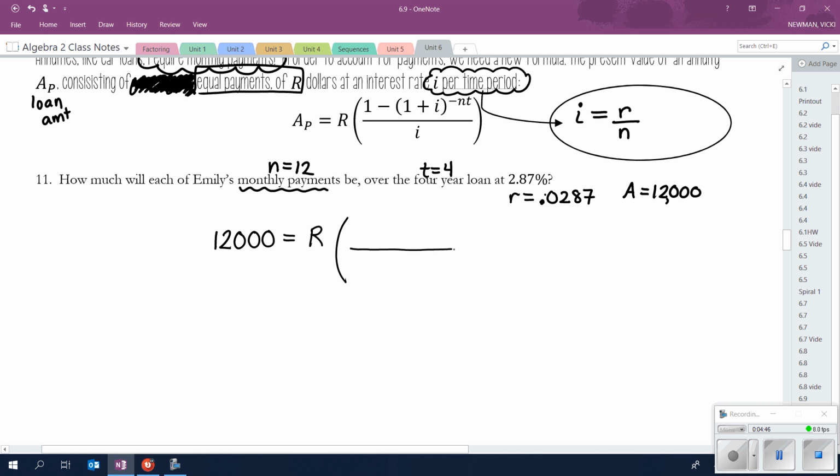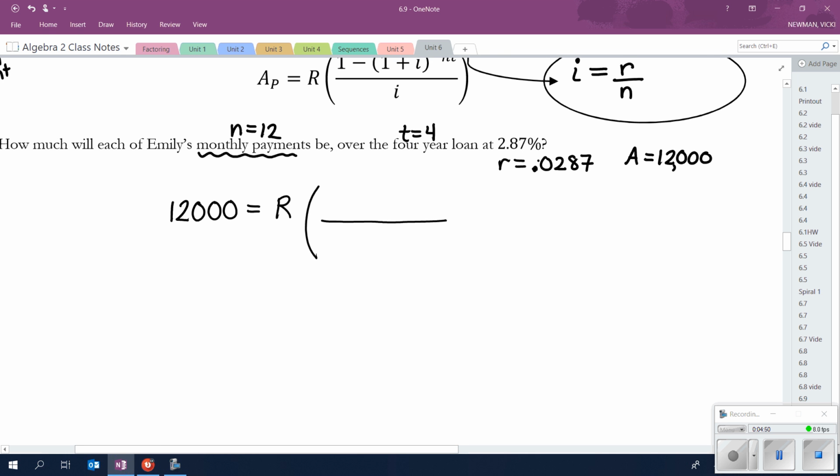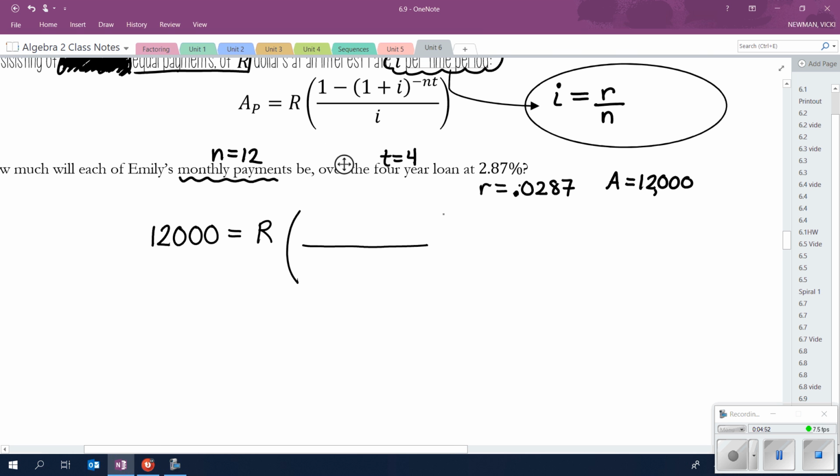Now, I want to be careful because I was watching some people do some things that were bad earlier today. So don't put anything down. Everybody put your pencil down for a second so I can show you what's going to happen, and then we'll fix it so something good happens. So put your writing utensil down. We're going to plug in here 1 minus 1 plus.